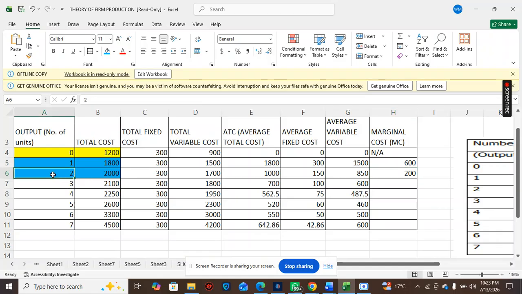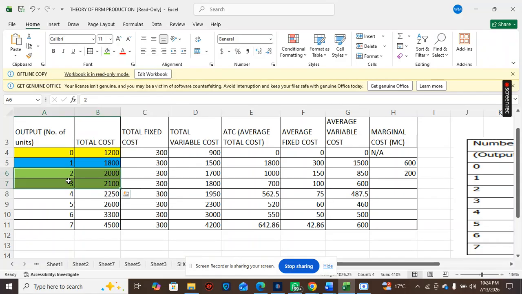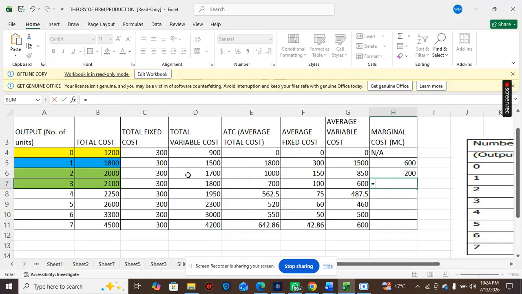When we move from 2 units to 3 units, our total cost increases from 2,000 to 2,100. So our marginal cost is 2,100 minus 2,000, 100 kwacha.